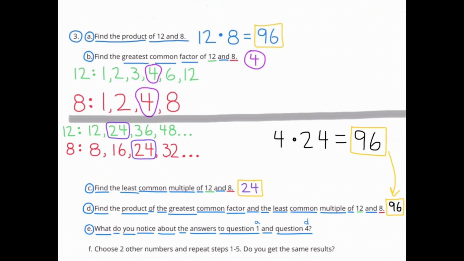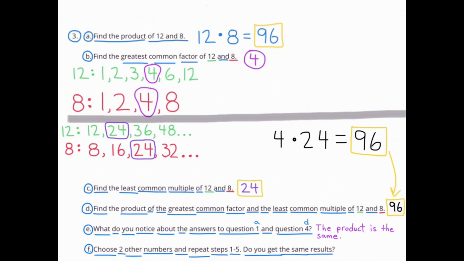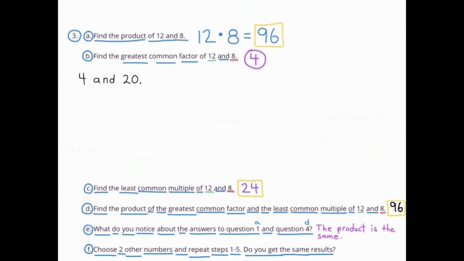E. What do you notice about the answers to question number 1, which was question A, and question number 4, which was question D? The product is the same for both question A and D. F. Choose 2 other numbers and repeat steps 1 through 5. Do you get the same results? The 2 numbers that I chose were 4 and 20, and the product of 4 and 20 is 80.